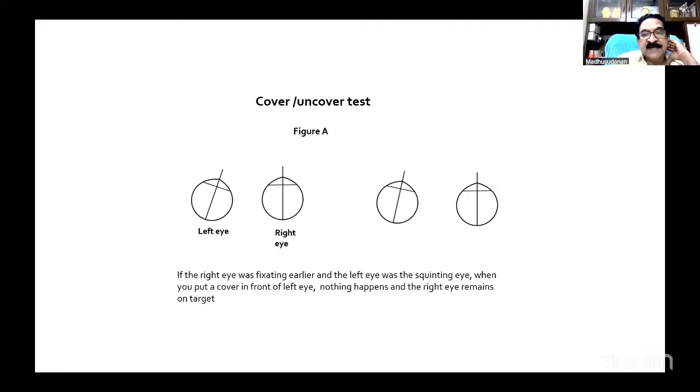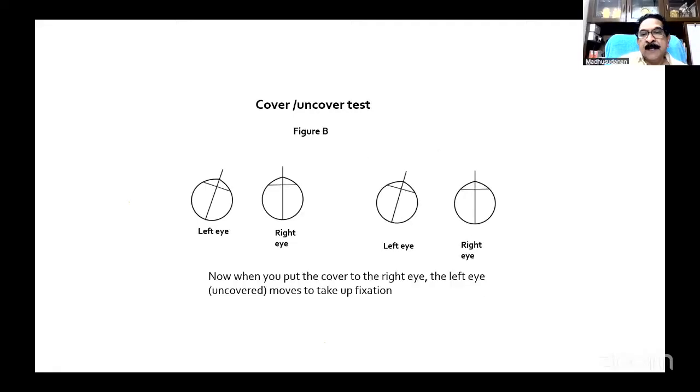Nothing will happen. The right eye, the fixing eye, remains on the target. Now you take the cover from the left eye and put the cover on the right eye, what will happen? The left eye, which has already deviated, comes back and looks at the object.